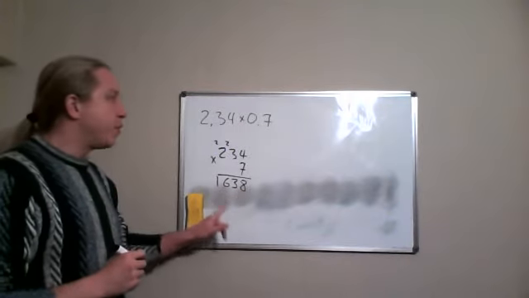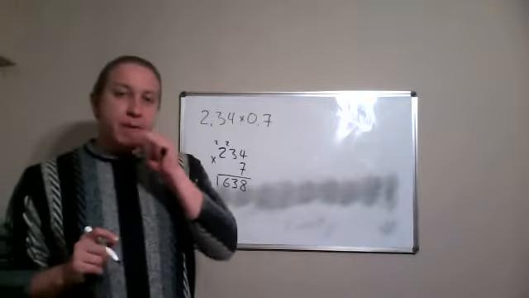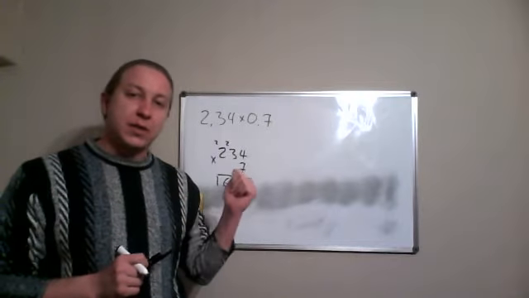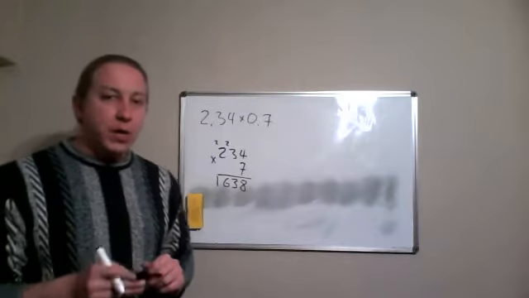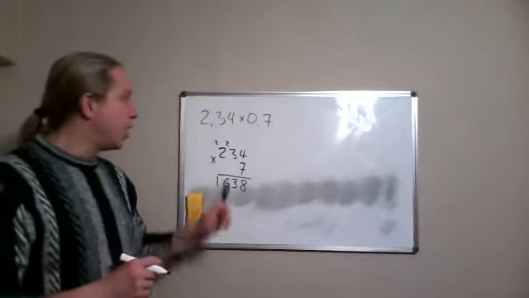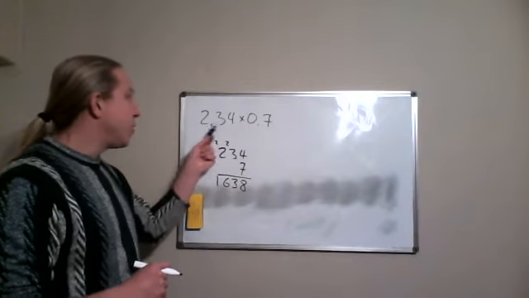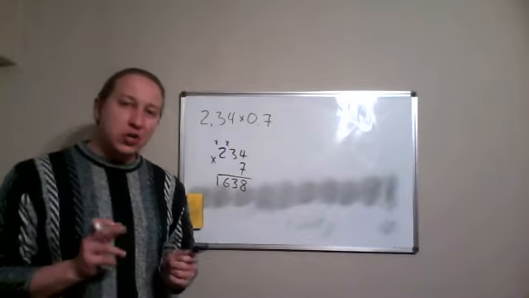1638. But remember, we need to add the decimal commas. Now, remember from the previous example, what we said is to estimate your answer first before you multiply, so that you have an idea of what your answer should look like. If we look at this 2.34, it is close to maybe 2.5. 2.5 times 0.7, and 0.7 is close to 1.